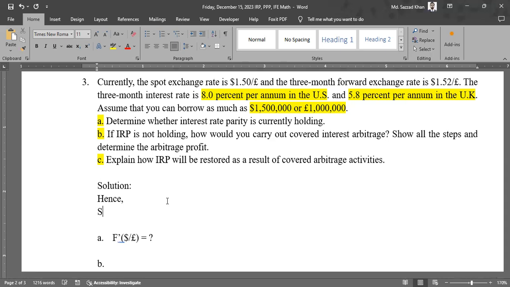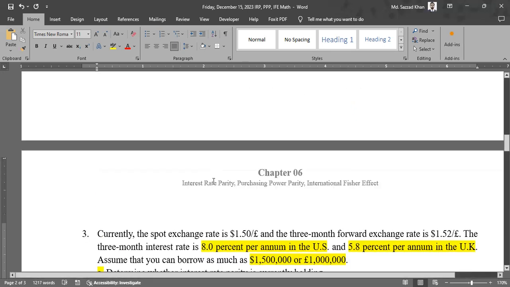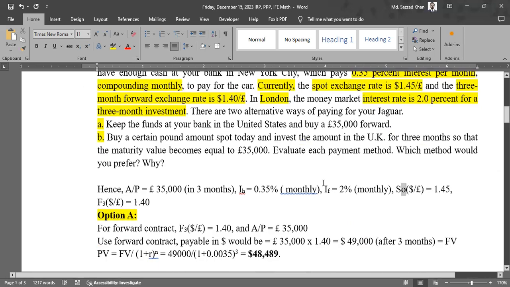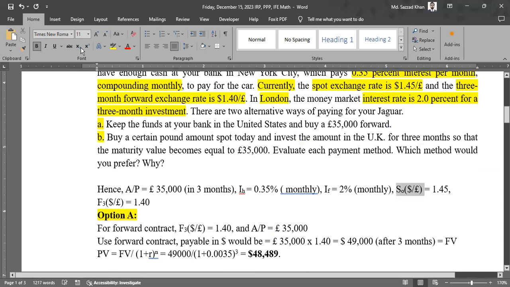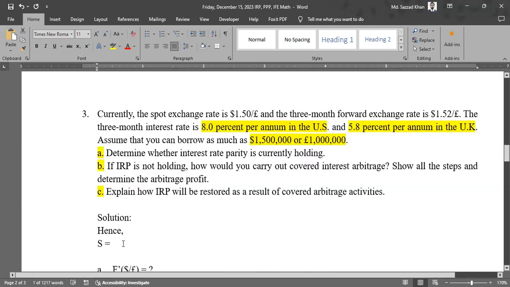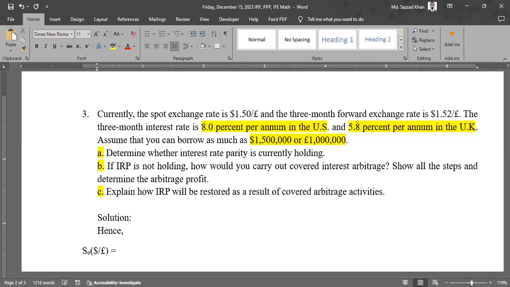The spot exchange rate, you can copy it from previous, 1.50.